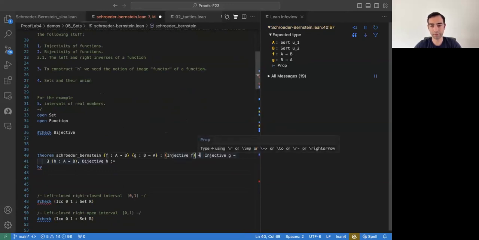So I have this connective here, which is implication. So the bracketing goes like this.